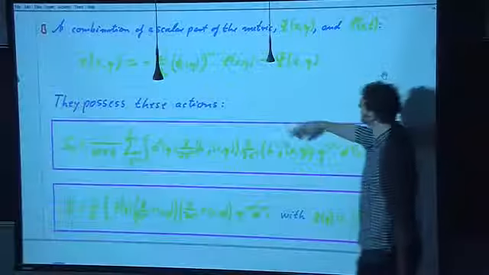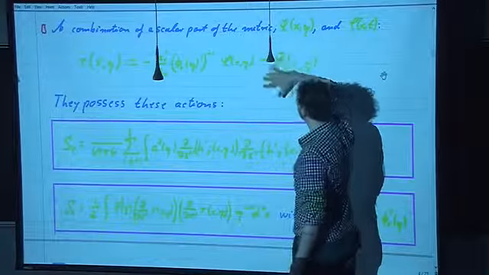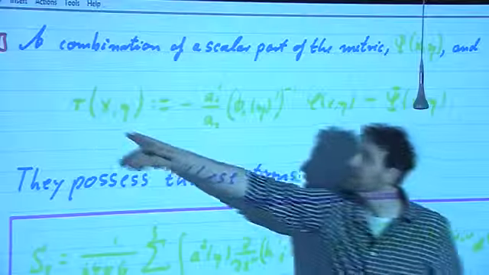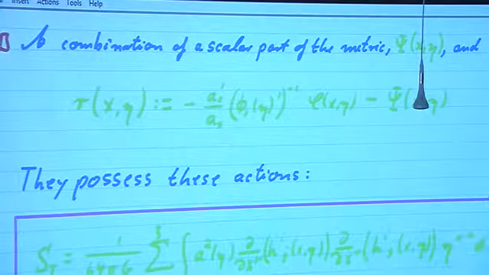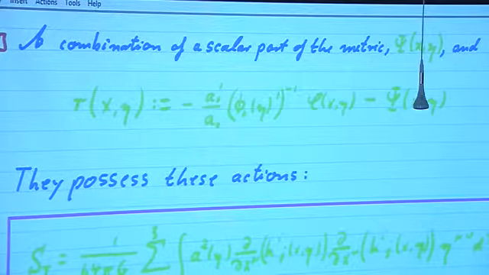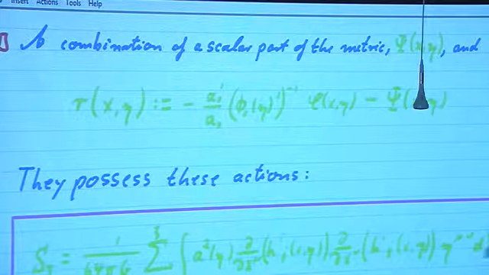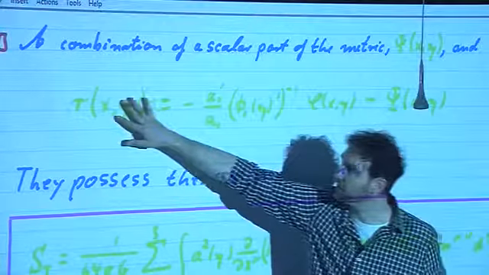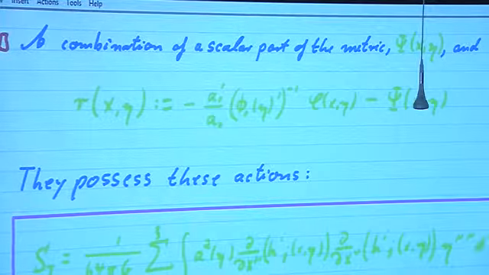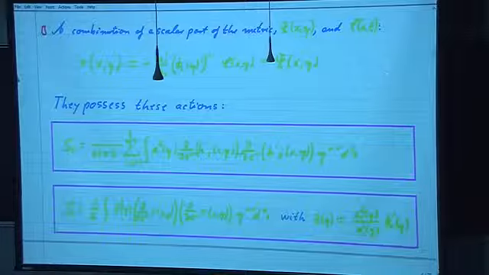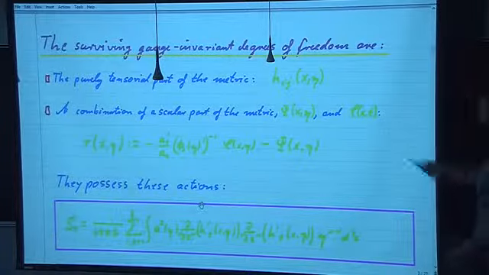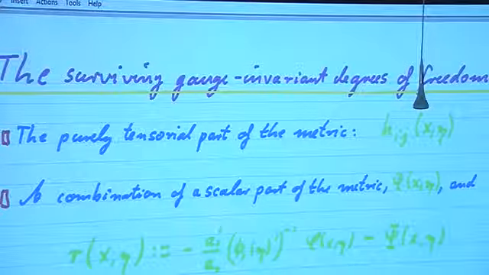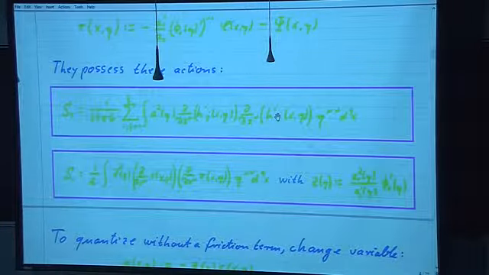But you also get an action for this degree of freedom and that degree of freedom. In fact, they combine. That's why the Mukhanov variable arises here. We get an action for this gauge invariant degree of freedom, and we get an action for that gauge invariant degree of freedom. And here are those two actions.